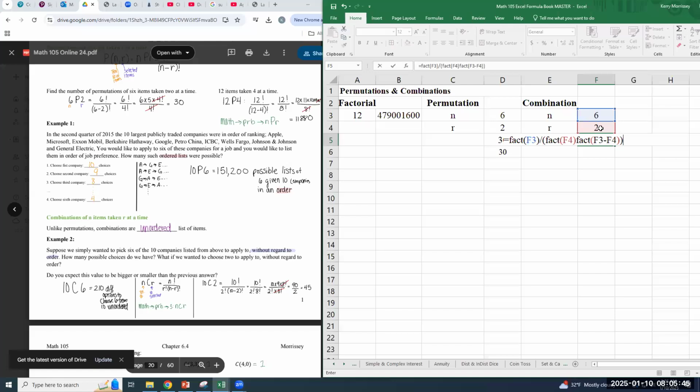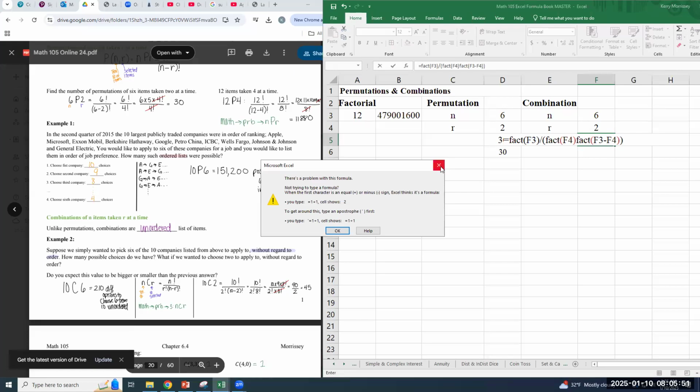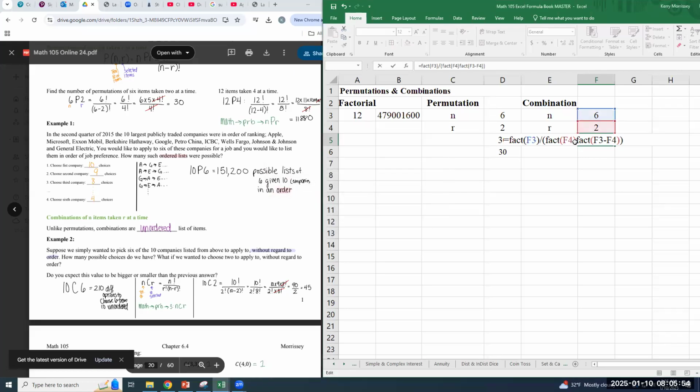We close that one, we close the actual division. Oh, I did not put a multiplication symbol in between my two factorials because we are working with Excel and not a calculator. And there you go, we should get 15.